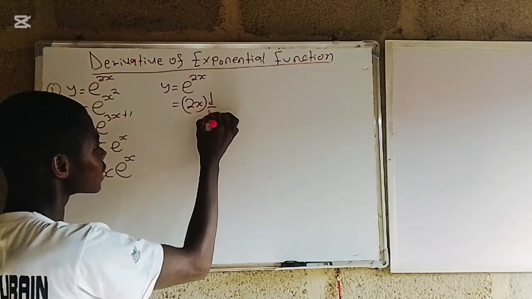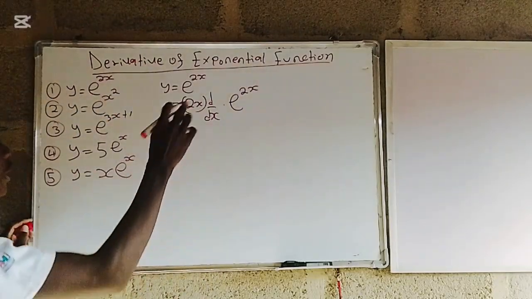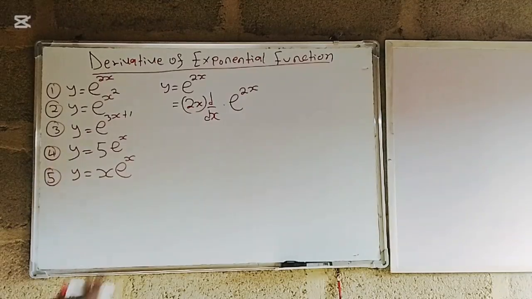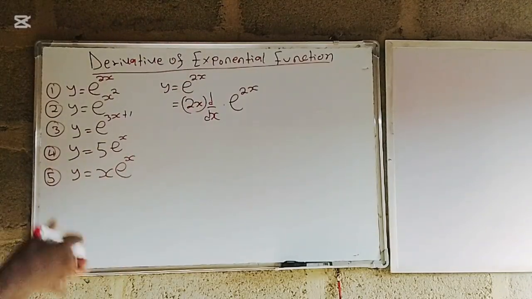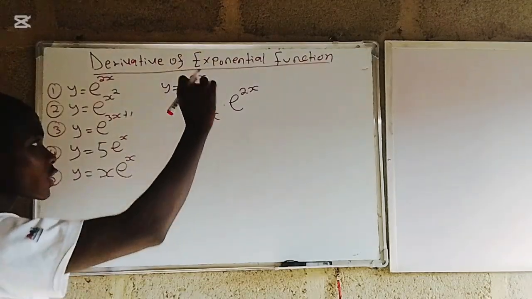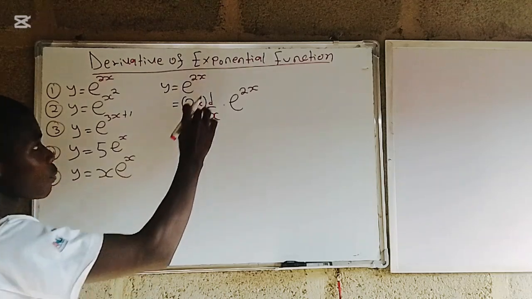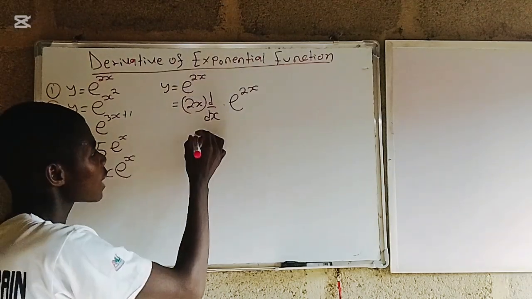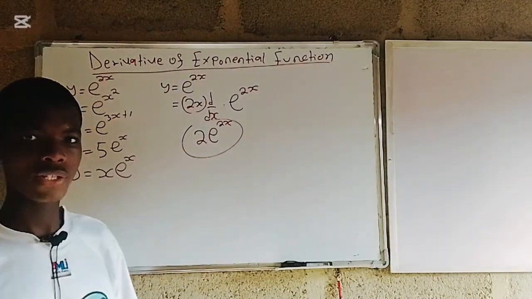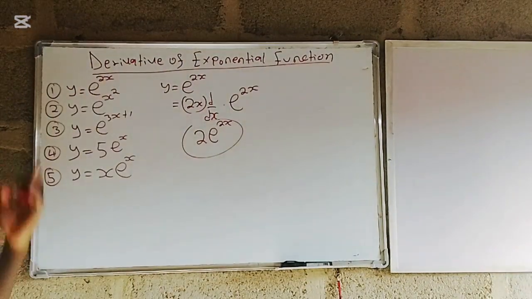You are going to differentiate it, then multiply by again e to the power of 2x, your final exponential, as usual, because this exponential will not change. You are just picking out the power and keeping it down. So after differentiating 2x, I'll get 2, so this is 2e to the 2x. So that's all. This is the solution to this first question.